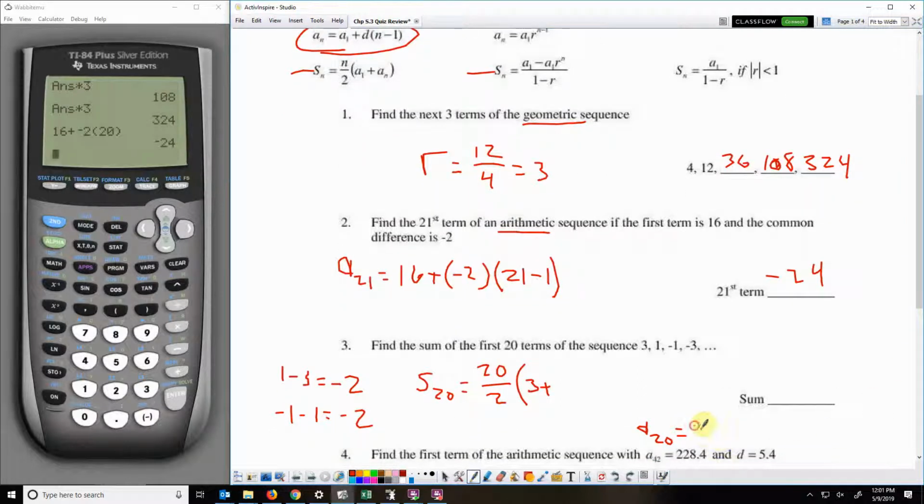So that's term 1 plus the common difference times n minus 1. 3 plus -2 times 19. And that's -35, so I'm putting -35 right here as my last term. So 20 over 2, that's 10, times 3 plus -35, and that is a total sum of -320.